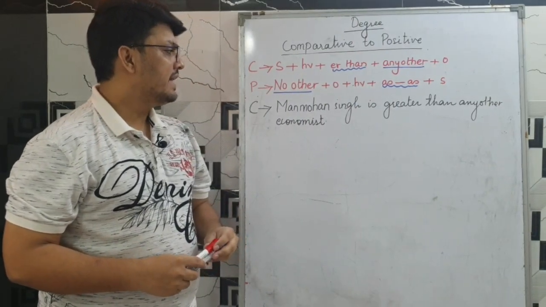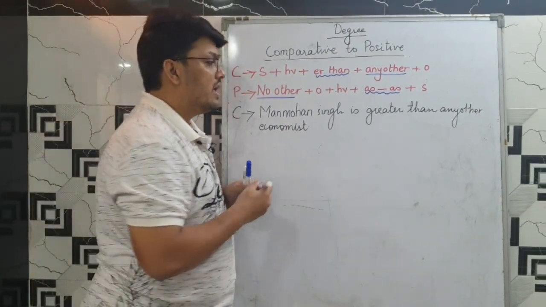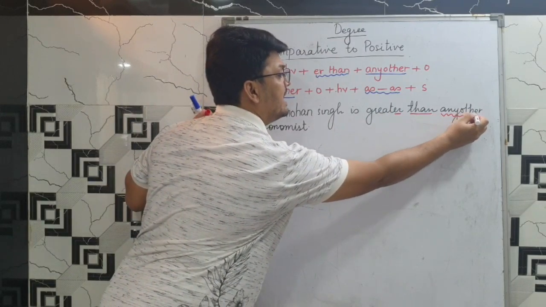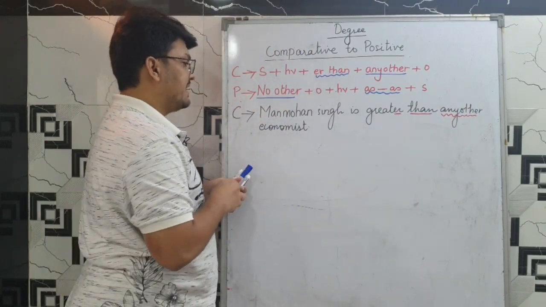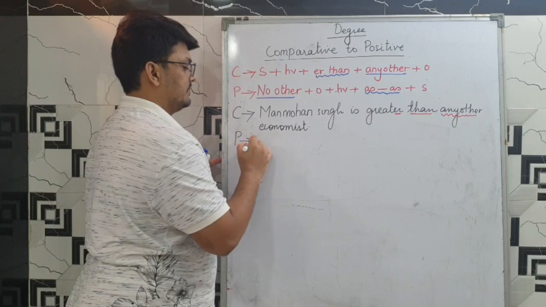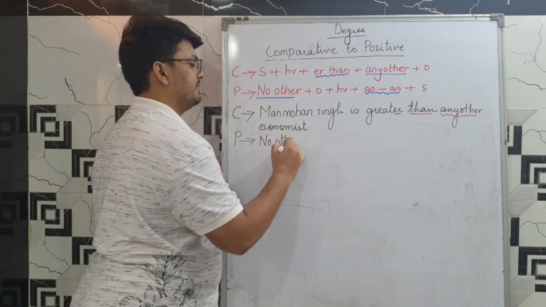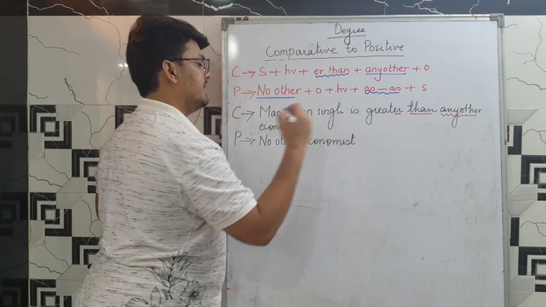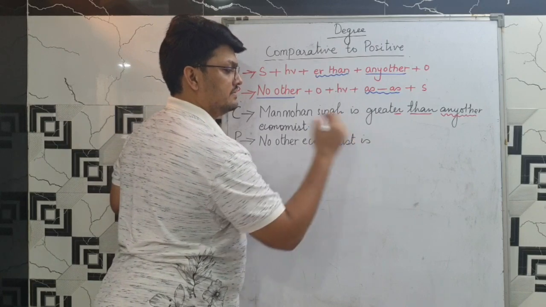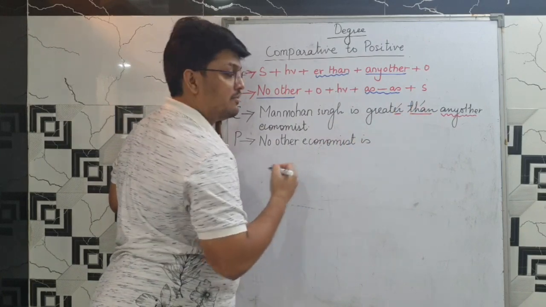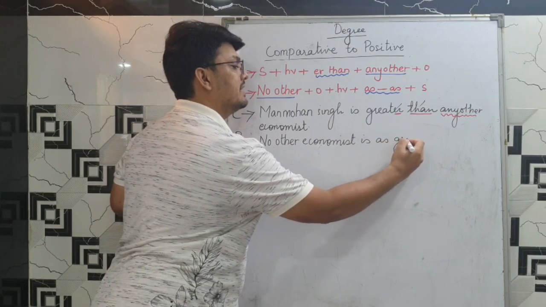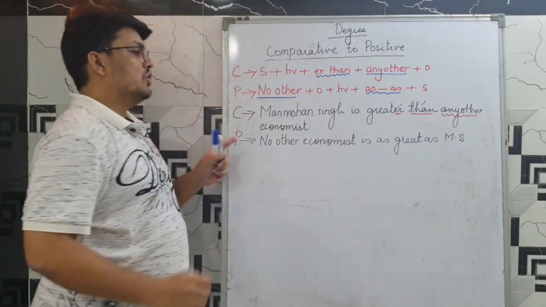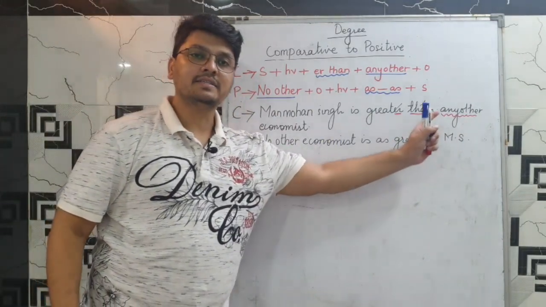As I told you, if the sentence is in comparative degree and it has any other in it, begin positive degree with no other. No other economist is, er then will be removed, is as great as Manmohan Singh. So no other economist is as great as Manmohan Singh.